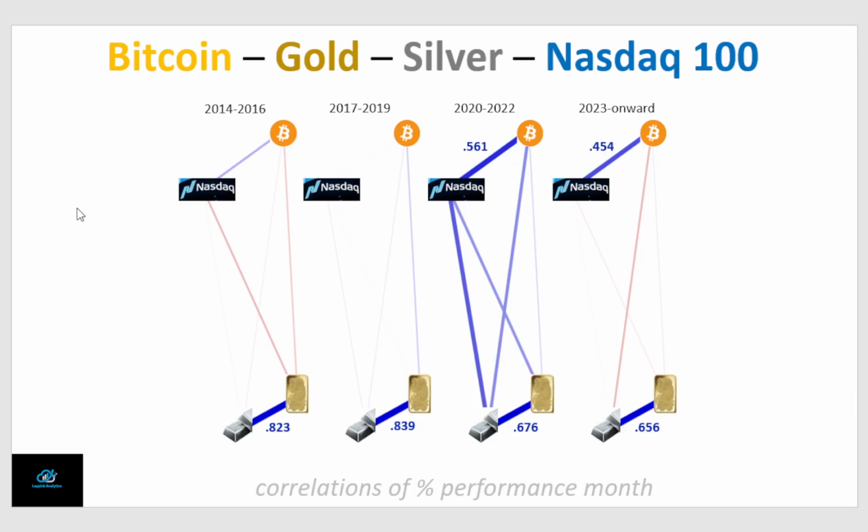So here, positive correlation between Nasdaq and Bitcoin for the last 6 years especially. So not as strong as for gold and silver, but one can say that in months when the Nasdaq 100 performs relatively well, there is somewhat of a tendency that Bitcoin also performs relatively well.